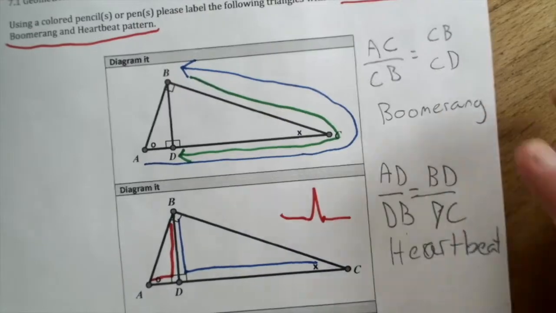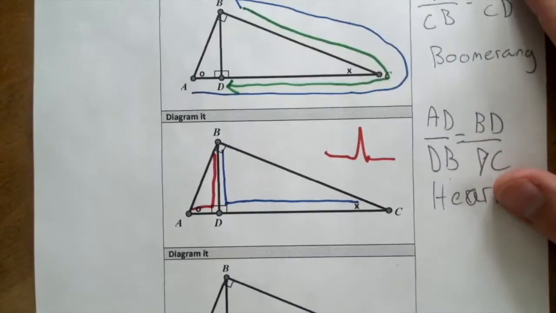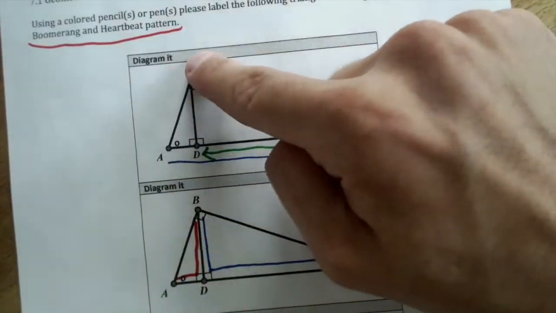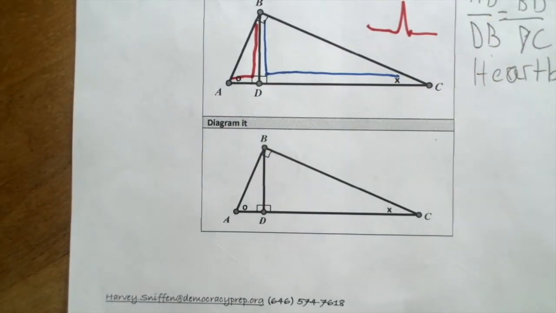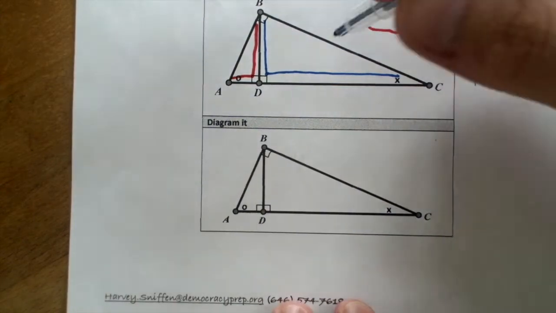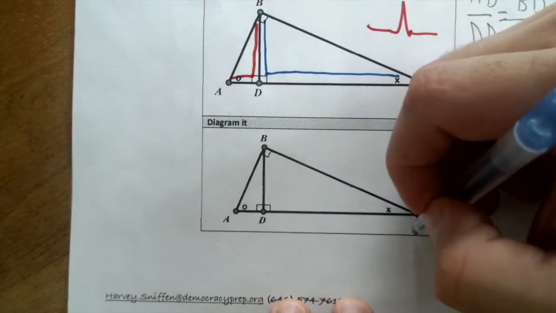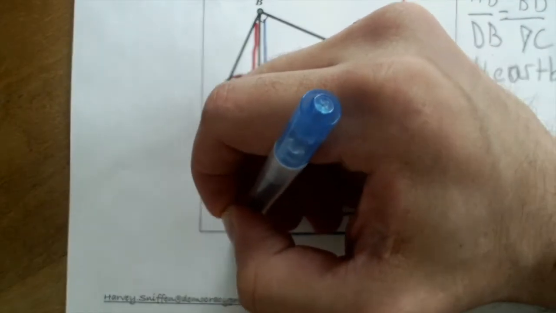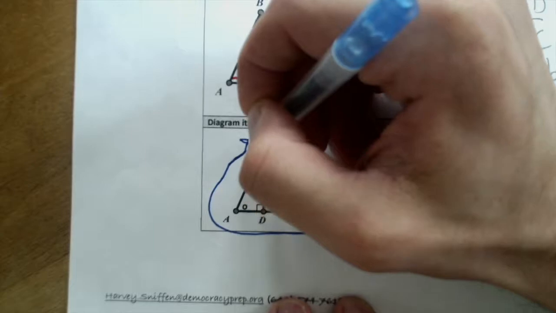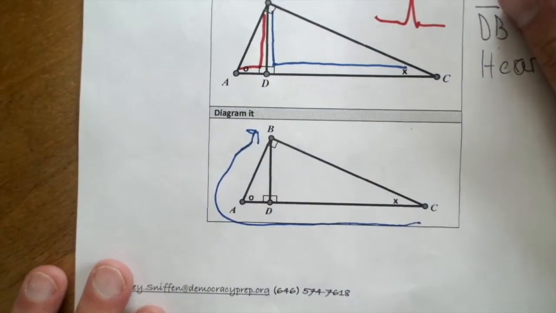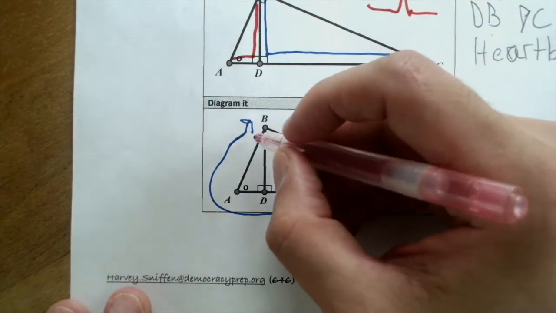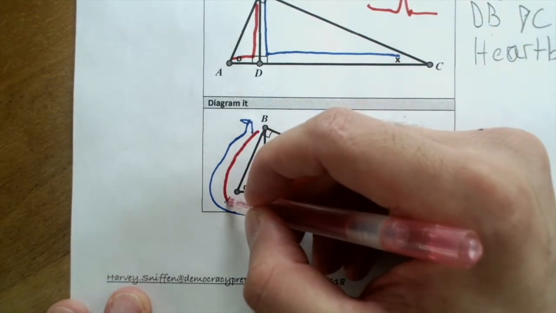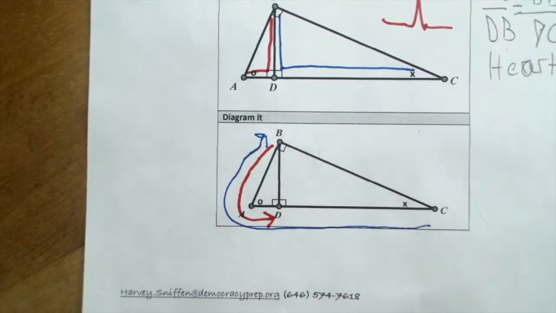Our second boomerang pattern, if we slide down here, we're basically just going to do the same thing but going around and grabbing the values of the smaller side. To do this, I'm going to grab another set of colored markers and we're going to start from the bottom. We're going to go from C all the way around to A and finish up at B. Next thing we're going to do is grab another color marker and we're going to go from BA to AD.